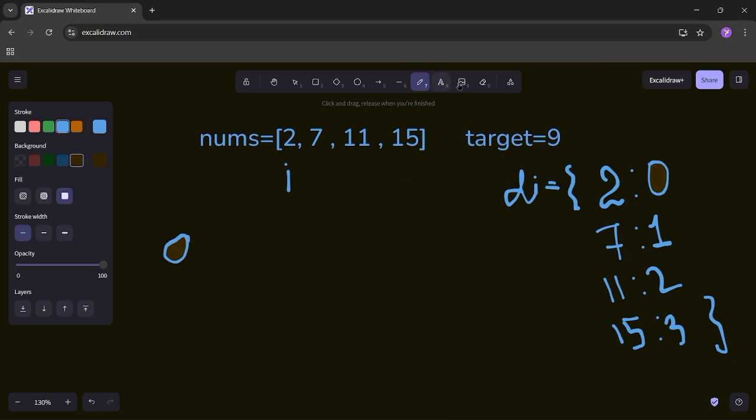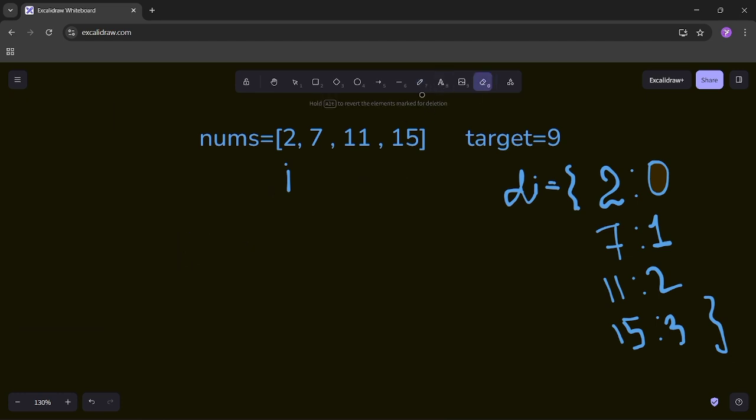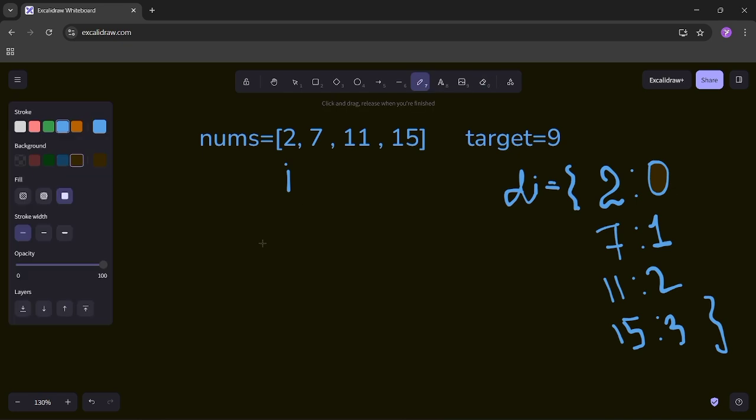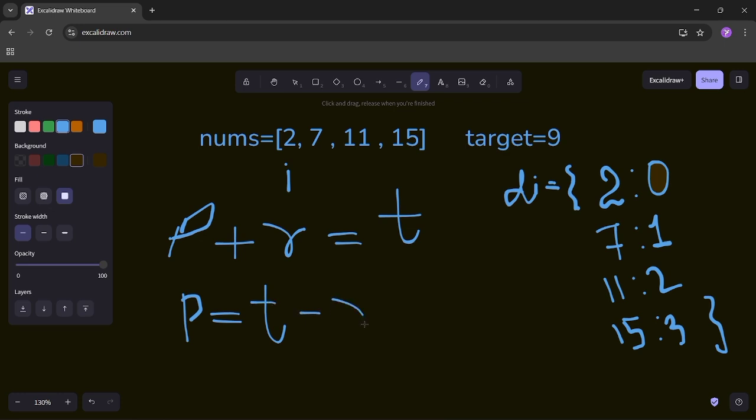So we know that we have to take two numbers. Let's suppose those numbers are p and r, so p plus r is going to be equal to target. If I write it like this, p equals t minus r, isn't it?